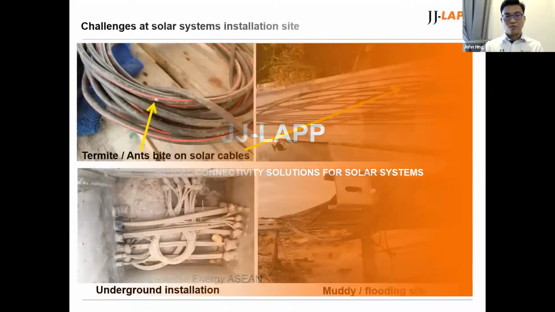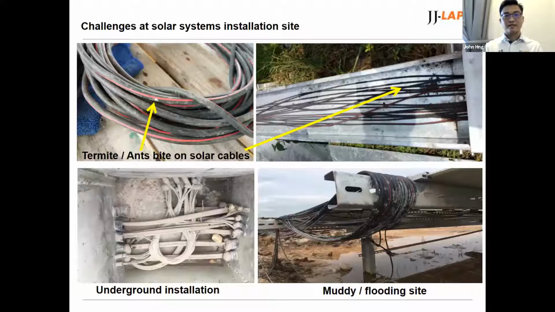There are many challenges at the solar system installation site. Particularly, we are looking at things like termites and rodents biting the solar cable, the underground conditions, and the installation conditions, with muddy and not well taken care of areas.